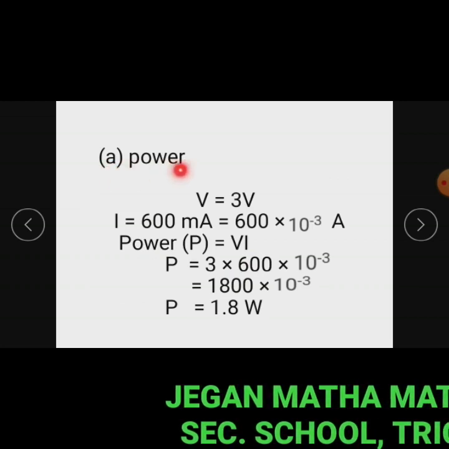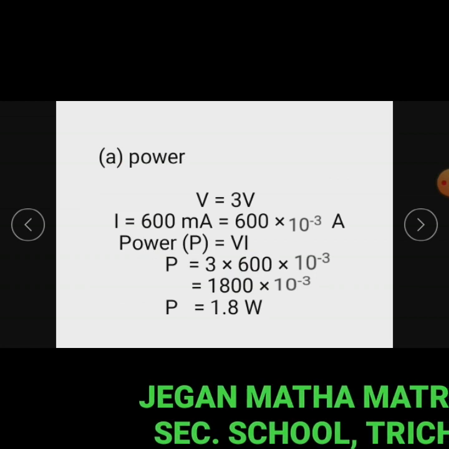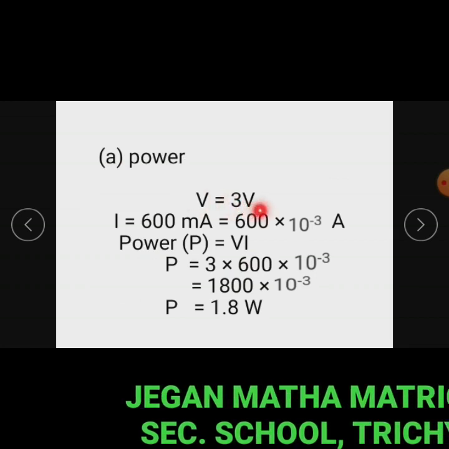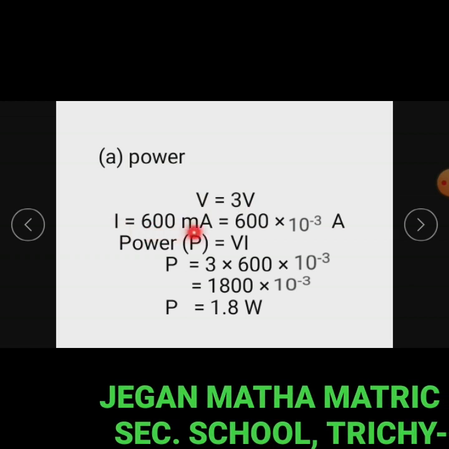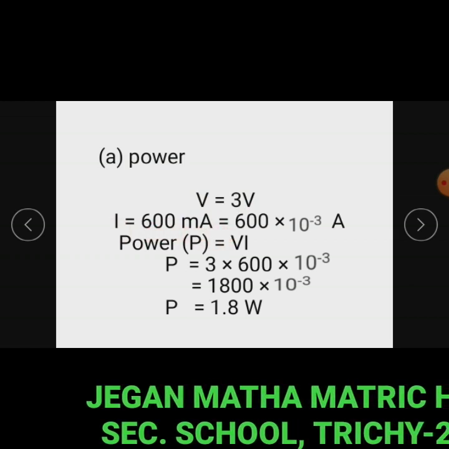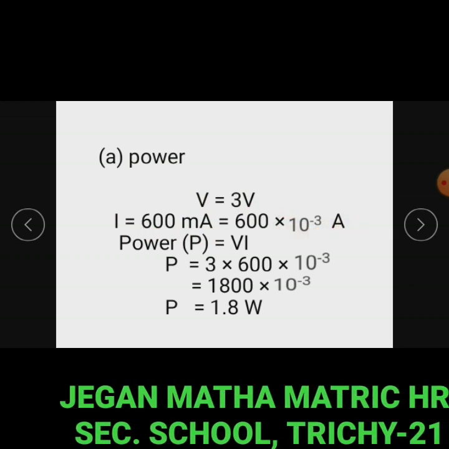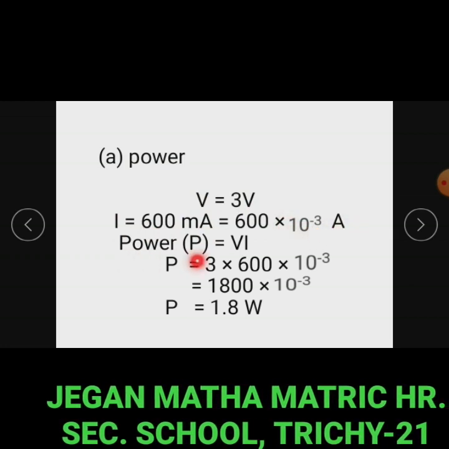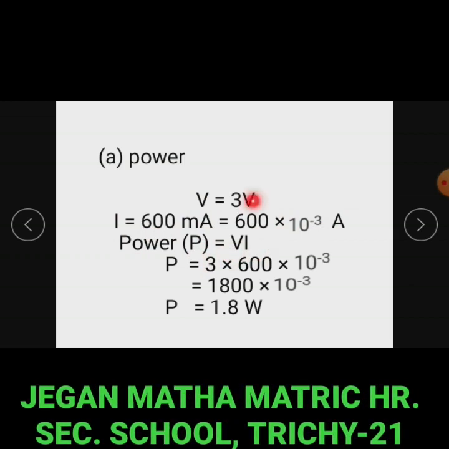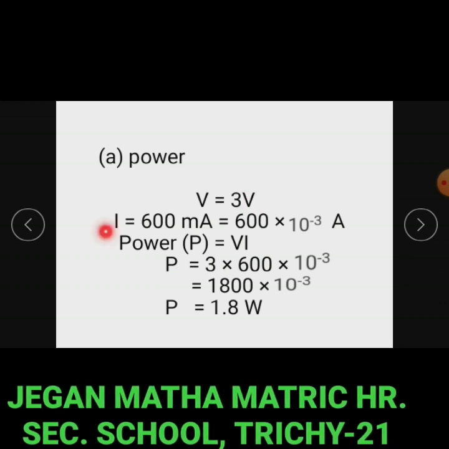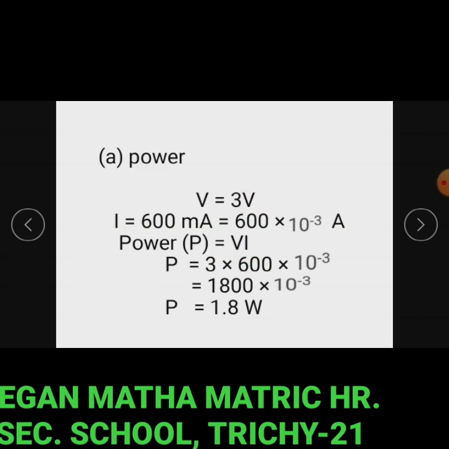Question A, power. Potential difference V equal to 3 volts. Current I equal to 600 milliampere equal to 600 into 10 to the power minus 3 ampere. Power P equal to V into I. Now we substitute the values of V and I in the formula P equal to VI.